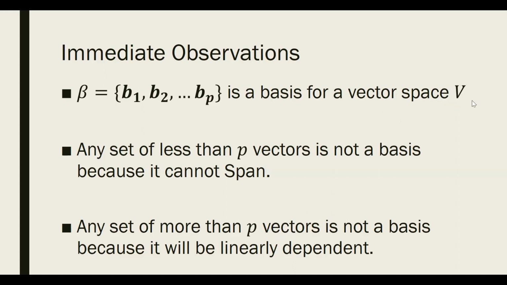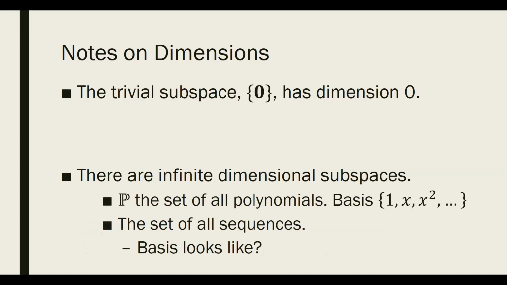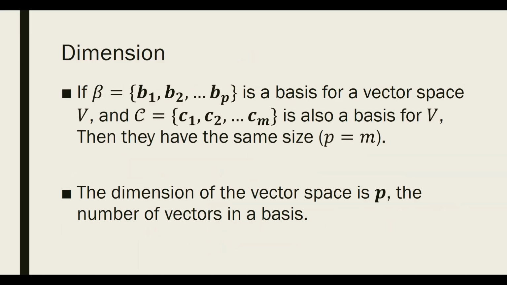So if we have too few vectors, we can't span. If we have too many vectors, we don't get linear independence. We have to have just the right amount. Now, that leads us to the idea of dimension.